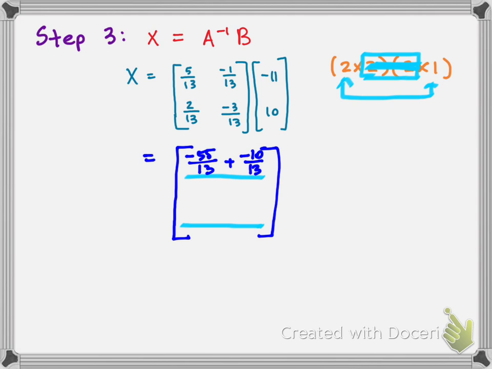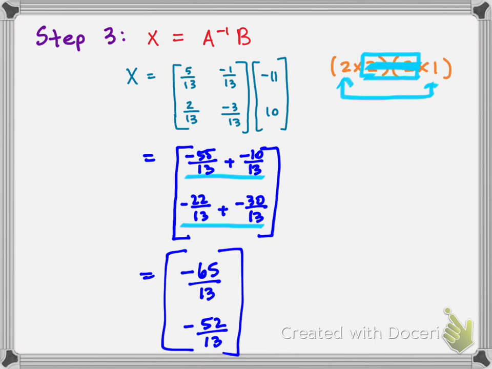So I'm going to have negative 22/13, and I'm adding that to negative 30 over 13. When I do that, I'm going to get negative 65 over 13 on the top row, and on the bottom row, negative 52 over 13.